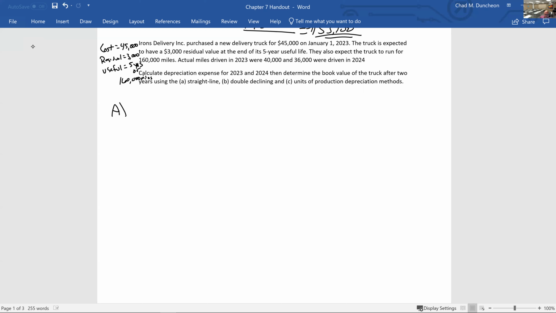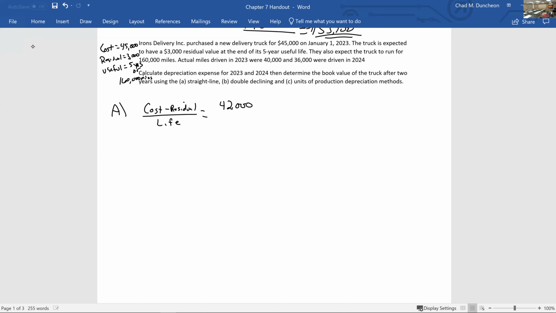To calculate the depreciation expense using the straight line, we have our cost minus residual divided by its useful life.